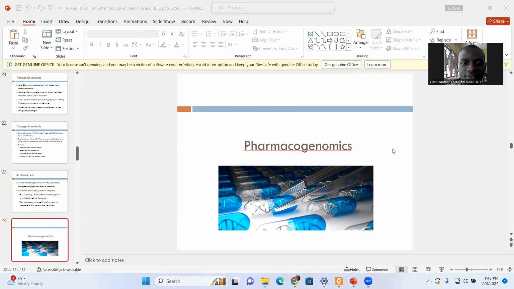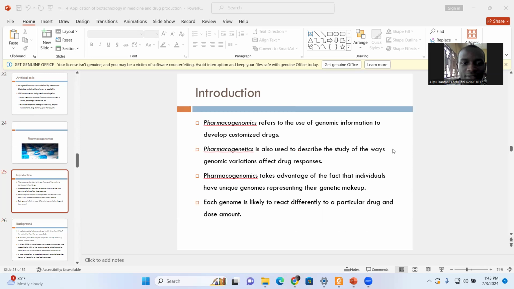Pharmacogenomics. This is quite interesting. Personalized medicine. This is the future of medicine. Pharmacogenomics refers to the use of genomic information to develop customized drugs. So the health system will cater to an individual, not a whole. Pharmacogenetics is also used to describe the study of the ways genomic variations affect drug responses.